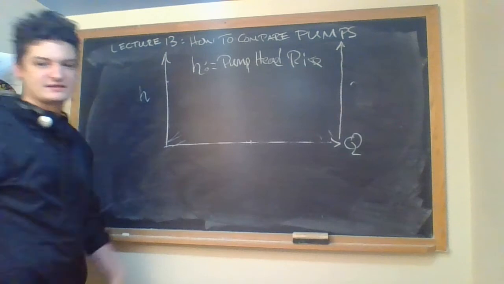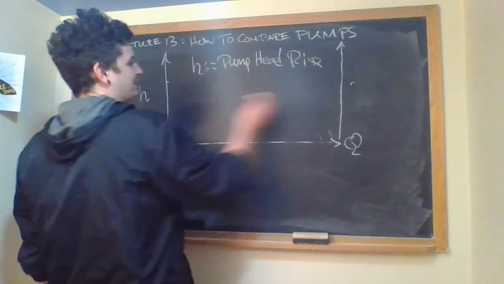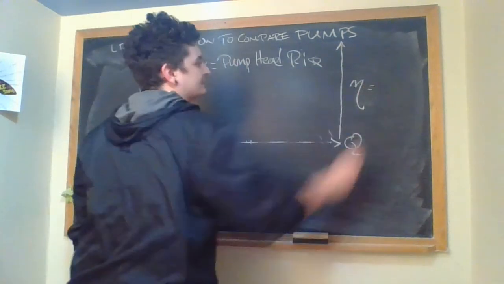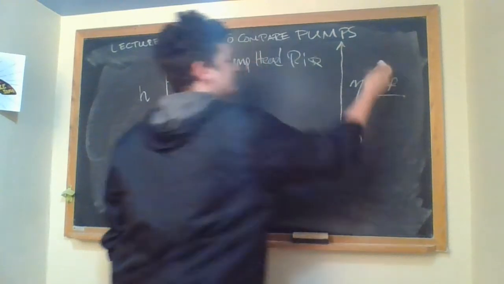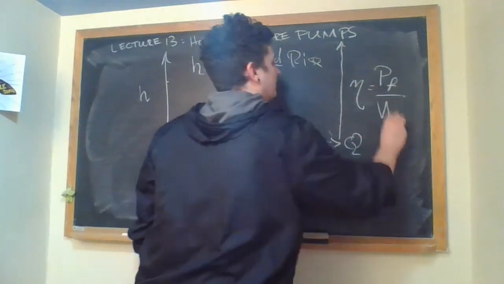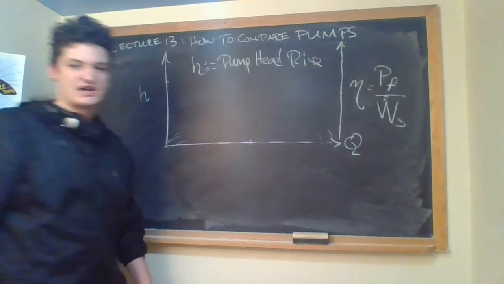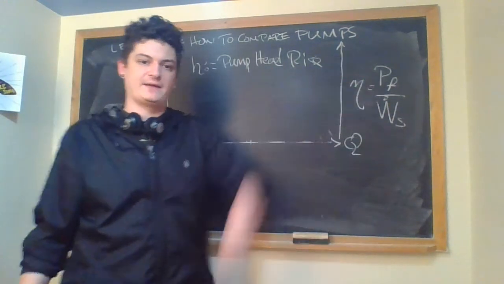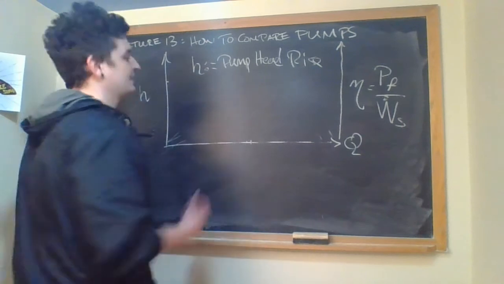Pump head rise is something that we want to predict. And then remember, efficiency is defined as the power taken by the fluid to the work shaft, what you paid for, what you get. So again, you're trying to categorize that.